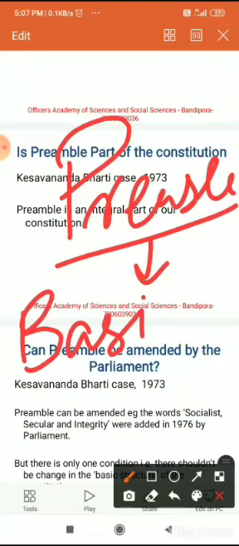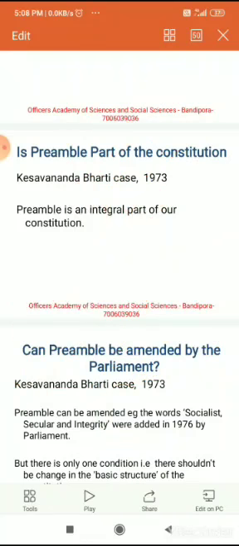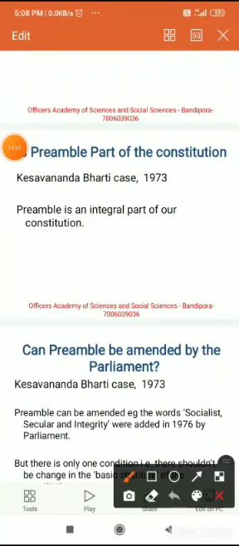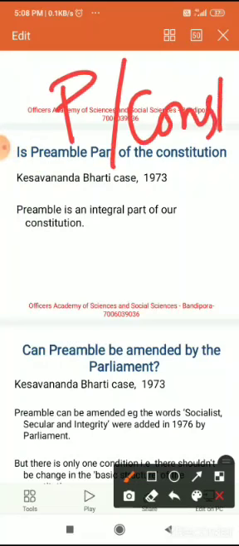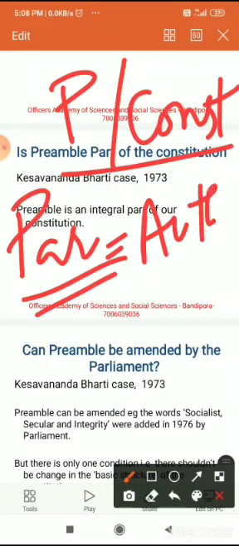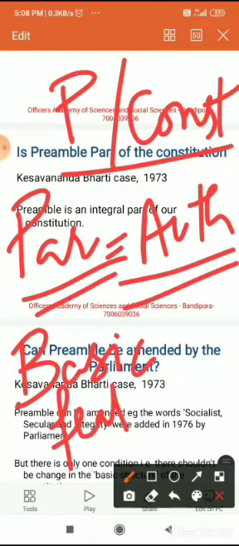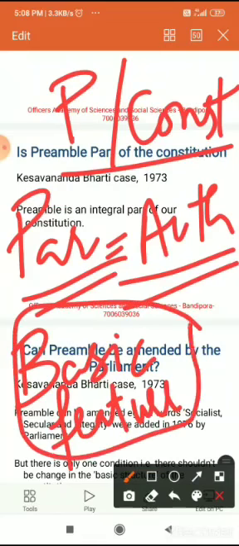That is, certain parts have been assigned as the basic feature, as the basic philosophy of the constitution, which cannot be changed by the parliament. So what we can say is that yes, parliament has right to add anything in the preamble or in the constitution. Parliament has this authority, but only one condition is there: the basic philosophy, the basic feature should not be changed. In the coming lectures, we shall be talking more about this basic feature.